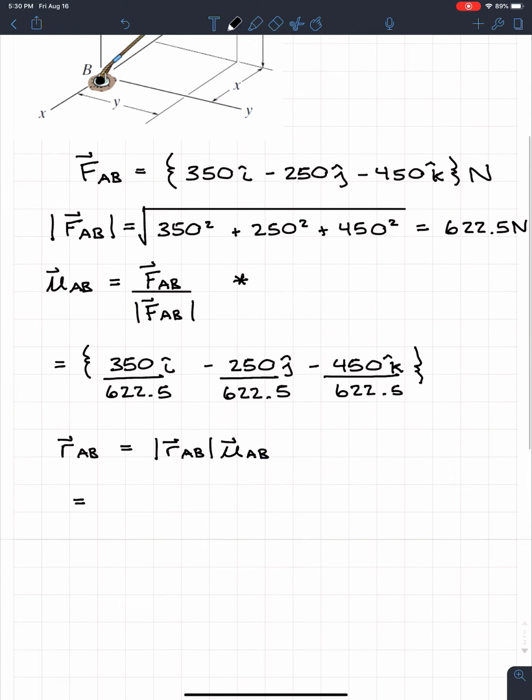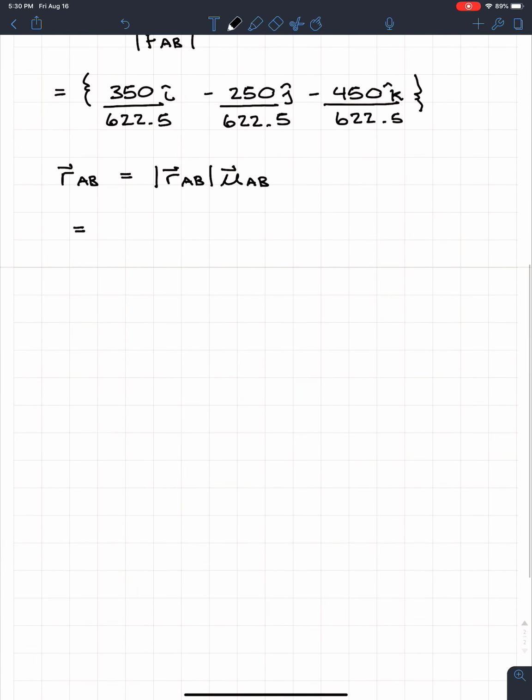We know that the magnitude is 9 meters, so I'm going to put 9 here. And for the vector itself, I'm going to just put its decimal form, because I like to see the magnitude of each component. So 0.562i.